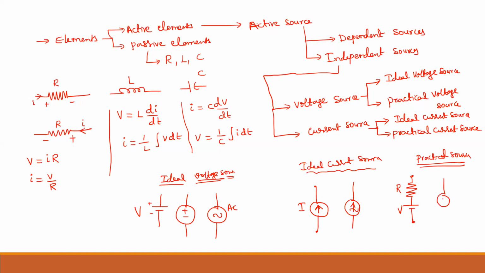If I have a current source, I have to connect the resistor in parallel to it. This is the practical voltage source, and this is the practical current source. These notations and representations are very important, so you have to follow them carefully.